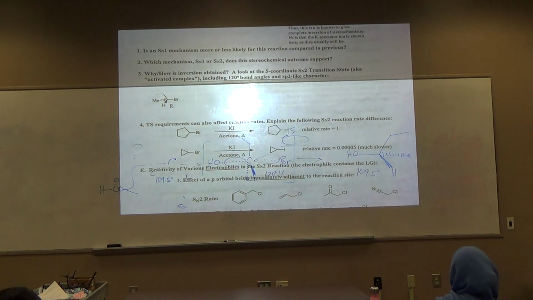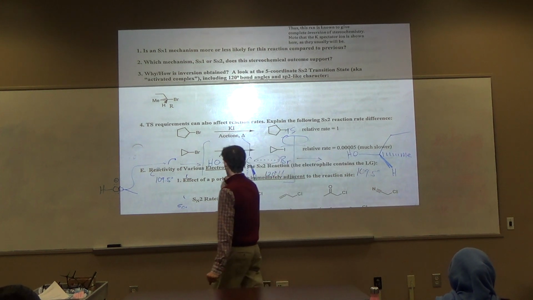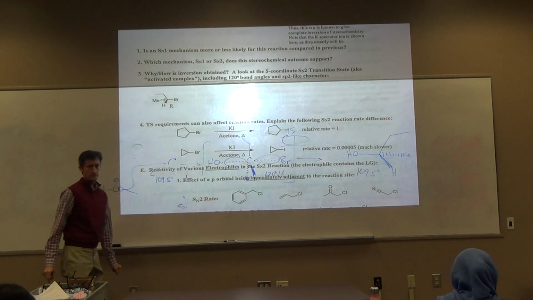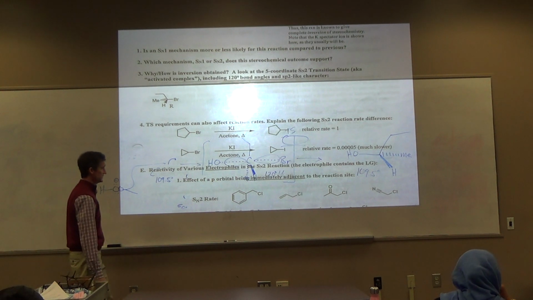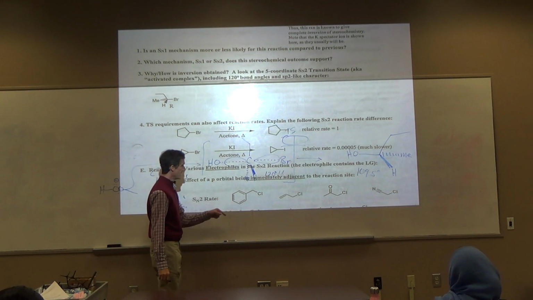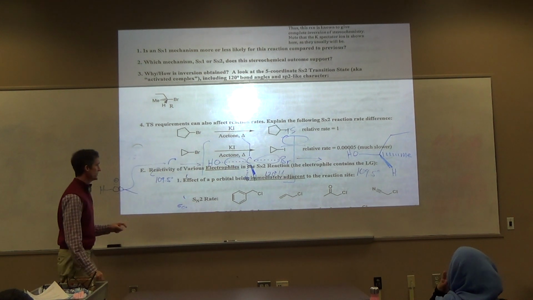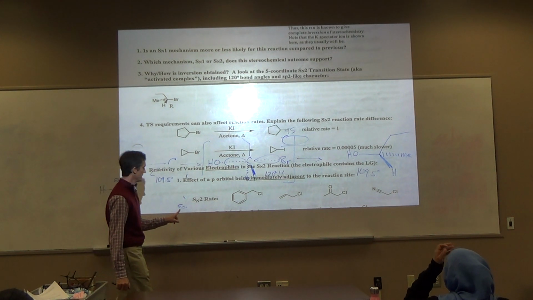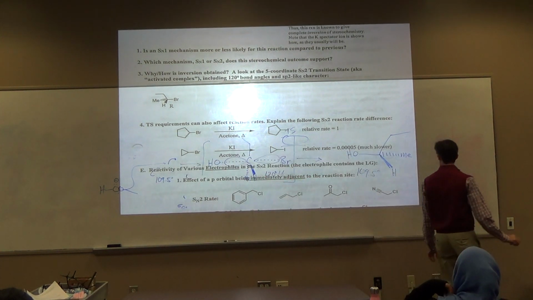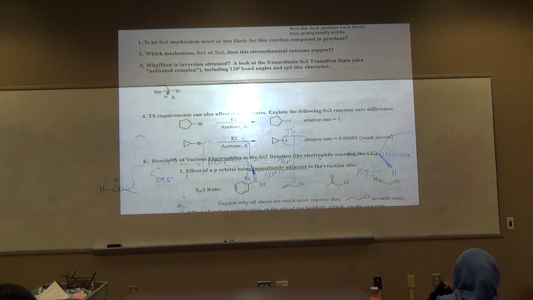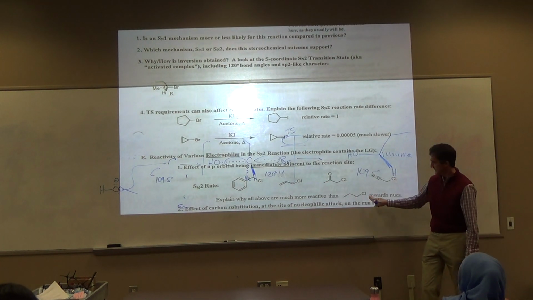Next, let's look at reactivity of electrophiles. The electrophile is the thing with the leaving group. It's the thing that hydroxide will attack, or some other nucleophile. SN2 rate. All of these compounds here are toxic. Those are much more toxic than this.